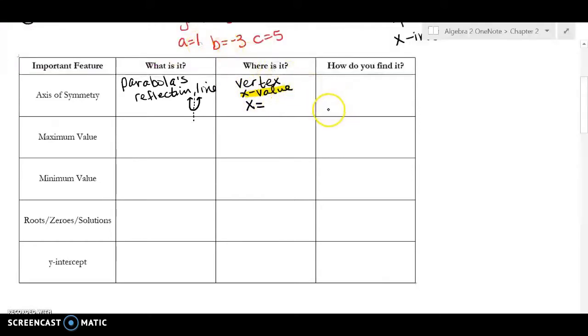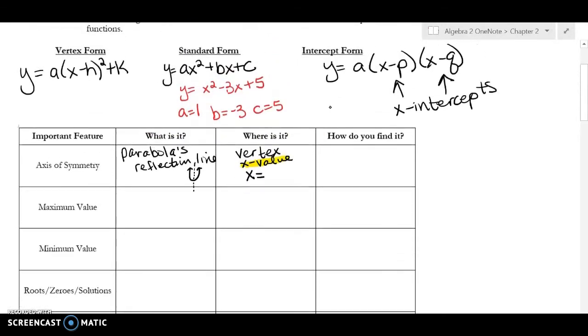Okay, if you have vertex form, like this first one, it's pretty easy to find because you're able to find the vertex easily. If you don't have vertex form, there's two ways. You're going to do negative b over 2a.